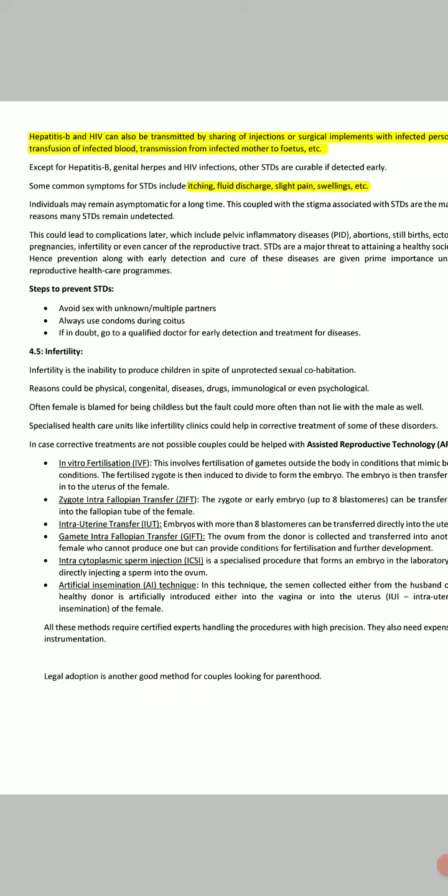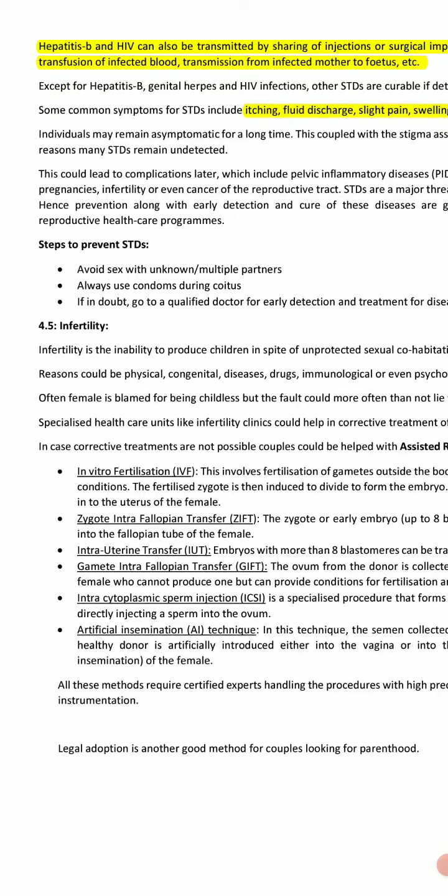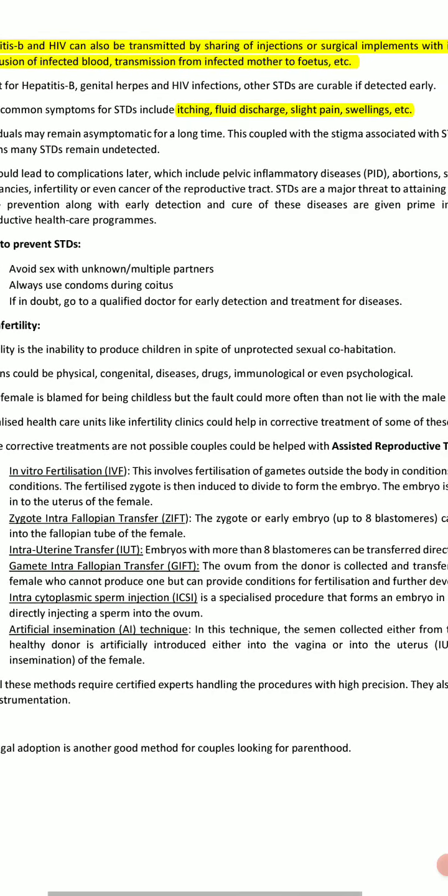The first step is to avoid sex with unknown or multiple partners. The second is to always use condoms during coitus. The third is, if in doubt, go to a qualified doctor for early detection and treatment of the disease.